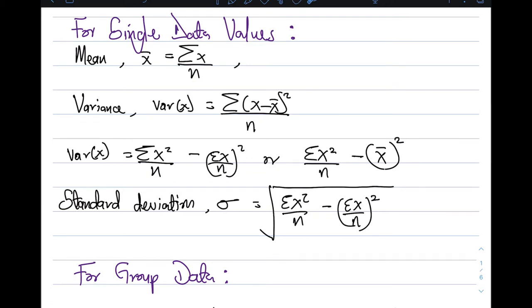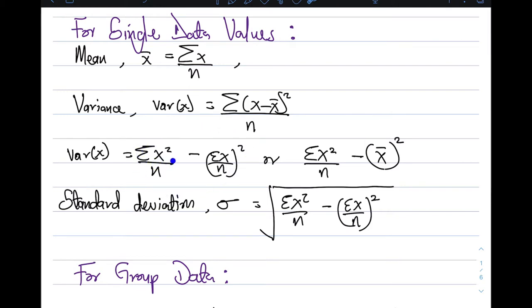Then the variance has three formulae. Variance is actually given by the sum of all the x values minus the mean, then we square them, divided by n. Or you can say that when you expand what you have here, this is what you get, which is the second formula for the variance.